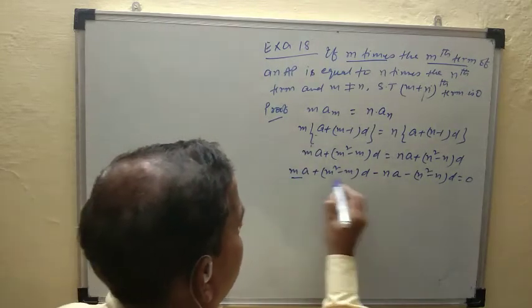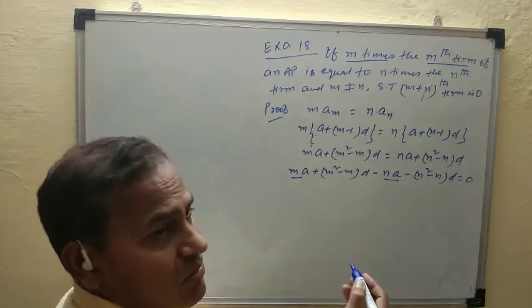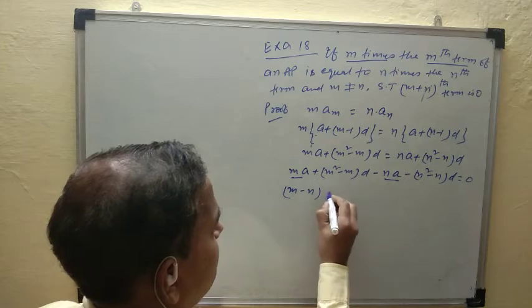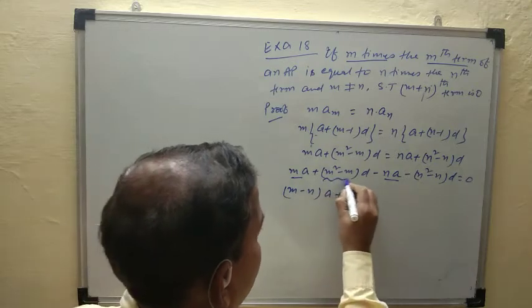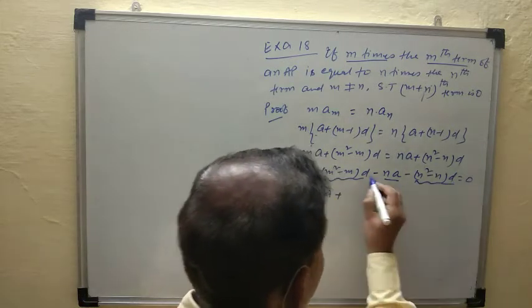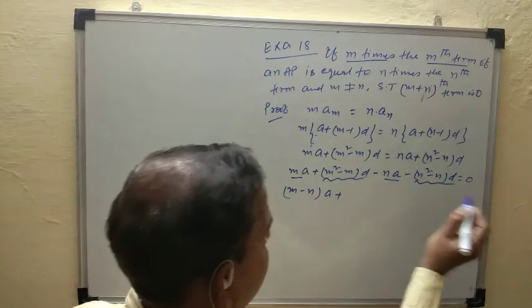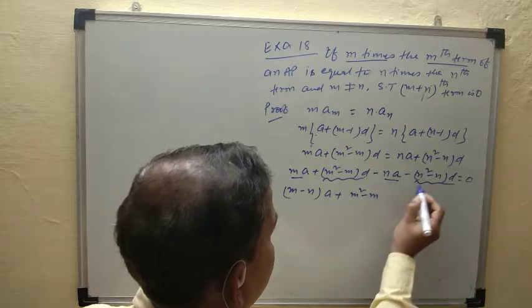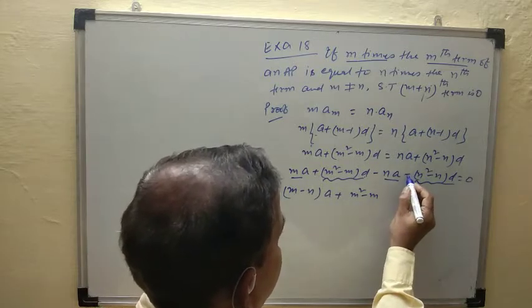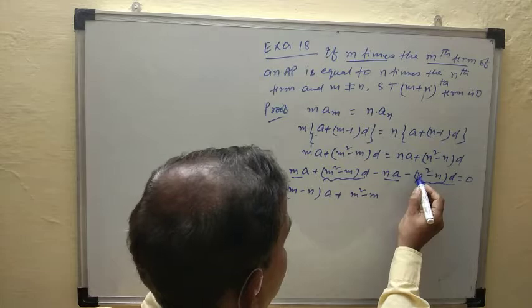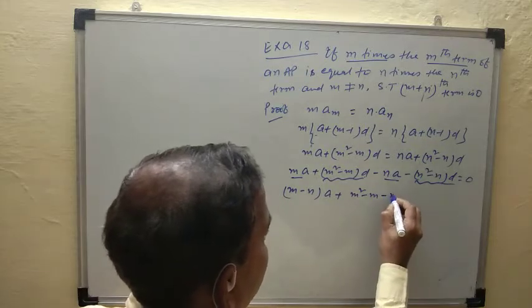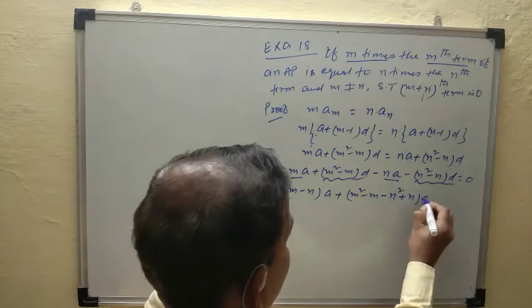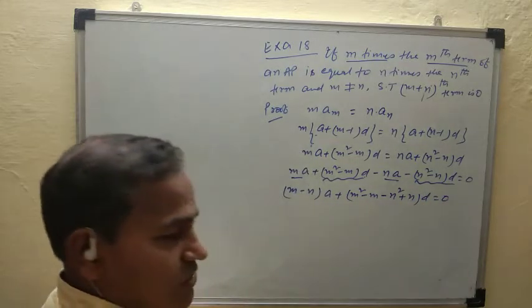Now ma minus na, a is a common term, so taking a common, then (m minus n) into a, and in these two terms d is a common term, so taking d common, then the term is m square minus m, and opening the bracket, here sign minus, the sign changes, so minus n square and minus minus plus, into d is equal to 0.